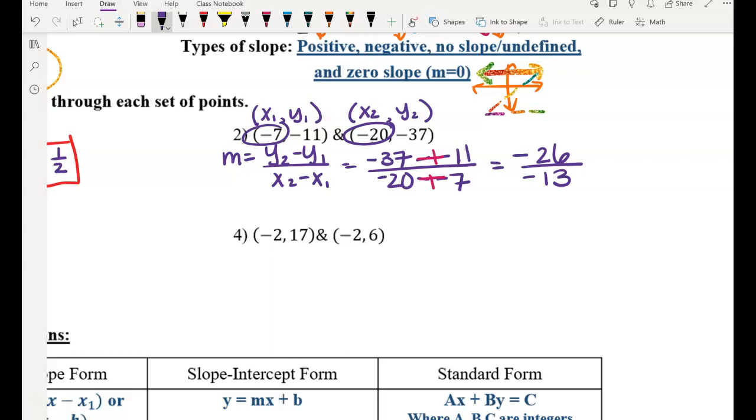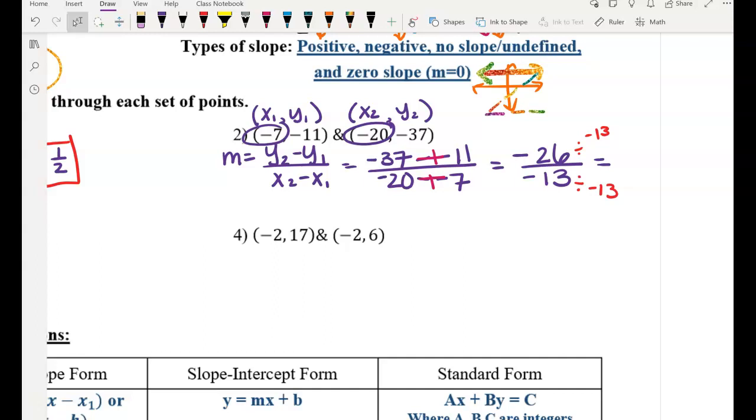Now my question to you is, can I reduce this at all? We know it's going to be a positive answer, but can I reduce? 13 is a prime, okay? But we can divide both top and bottom by a negative 13, right? So that's why we can end up with a positive answer.